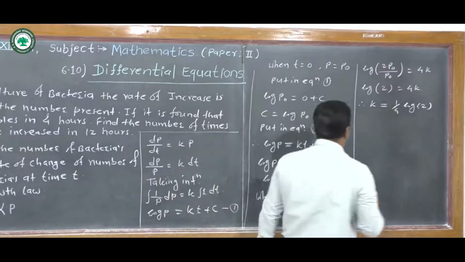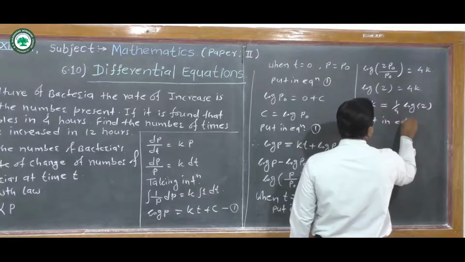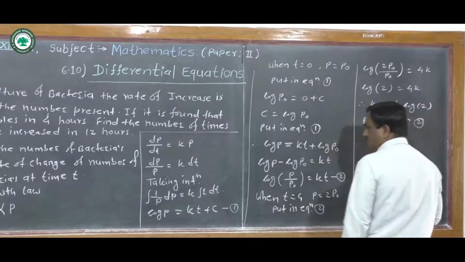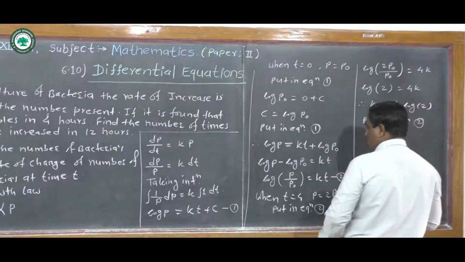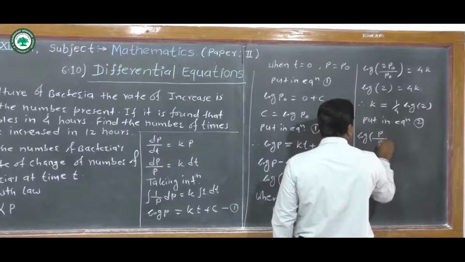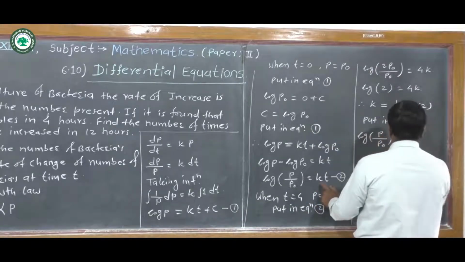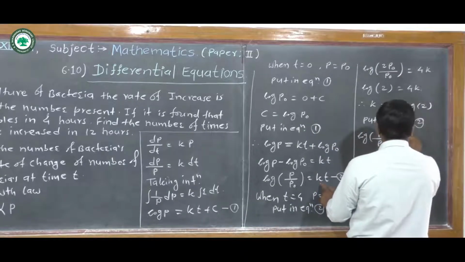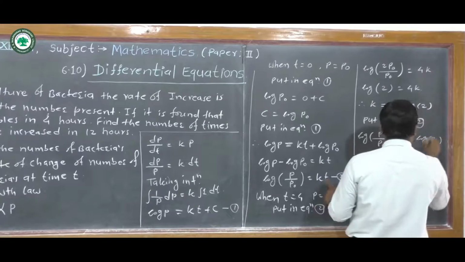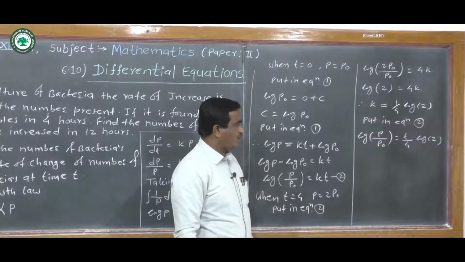Put this value of K in equation second. Then equation second becomes log of P upon P0 is equal to t upon 4 into log 2.